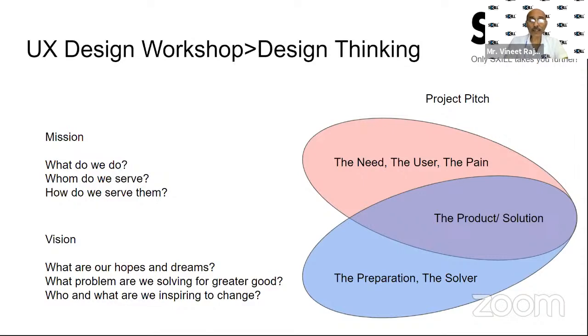So basically, the vision is about what our hopes are, the problems, what we want to solve, who we are, what we were inspired to change. So it is the preparation, the solver, and mission is what is the need with the user. So who we have to serve, the person, the customer.